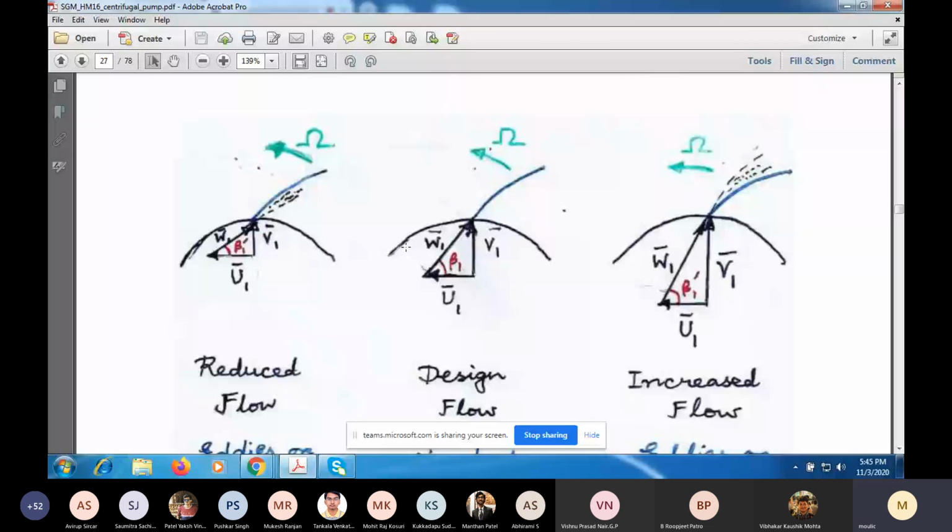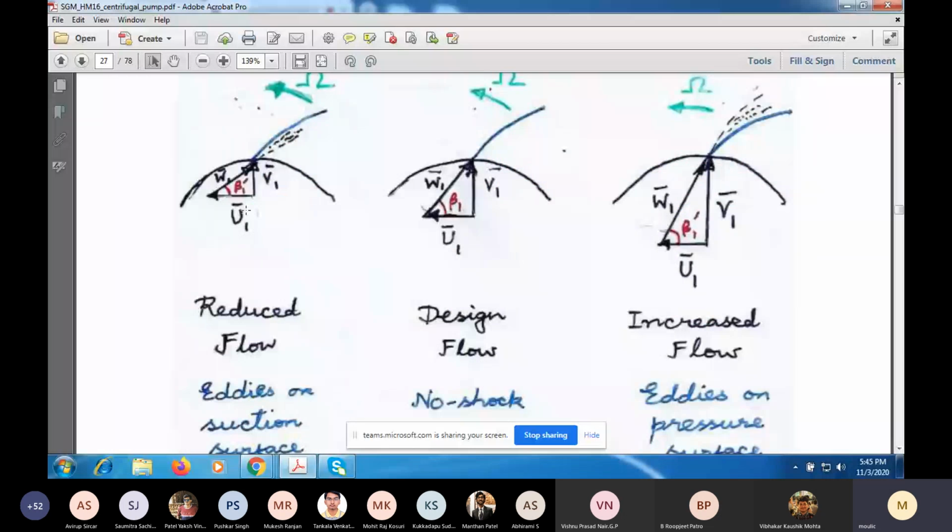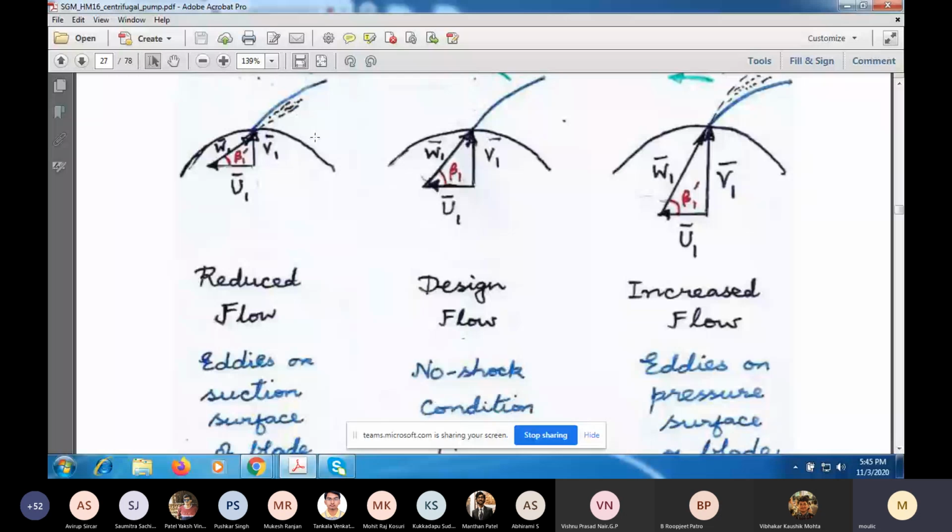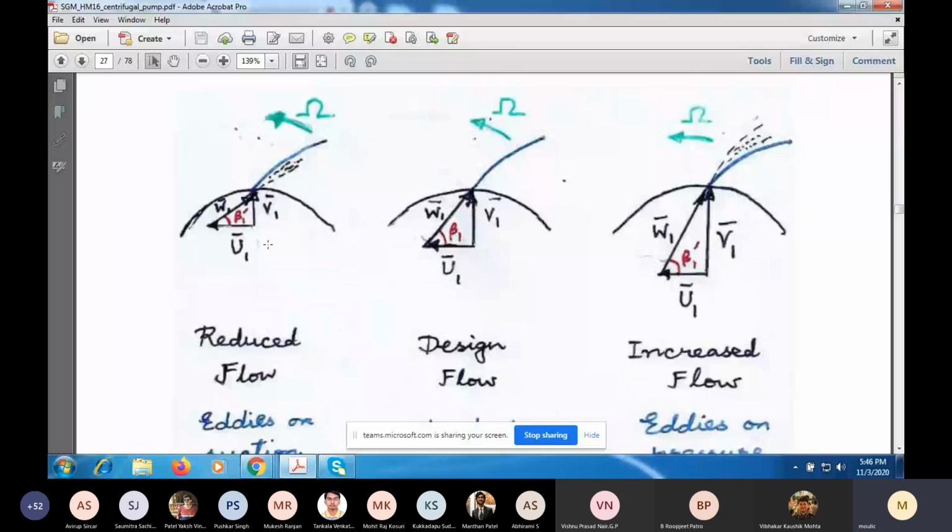So this relative velocity vector W2 will not be tangent to the surface. It will move towards the underside of the blade, which you may call the suction surface. So some eddies will form over here. There will be turbulent flow here. Now suppose the flow rate is more than the design flow rate.